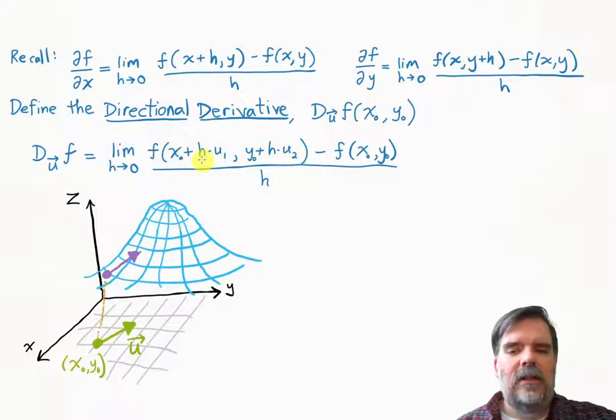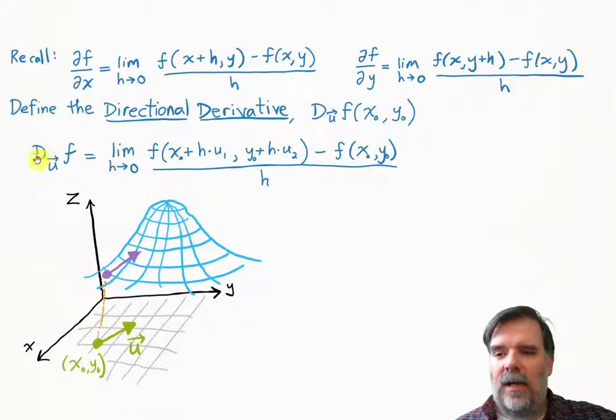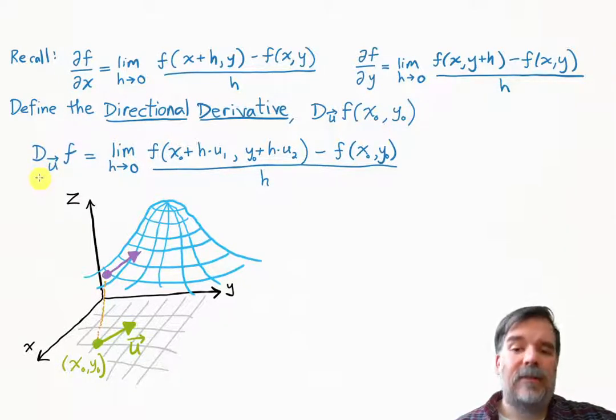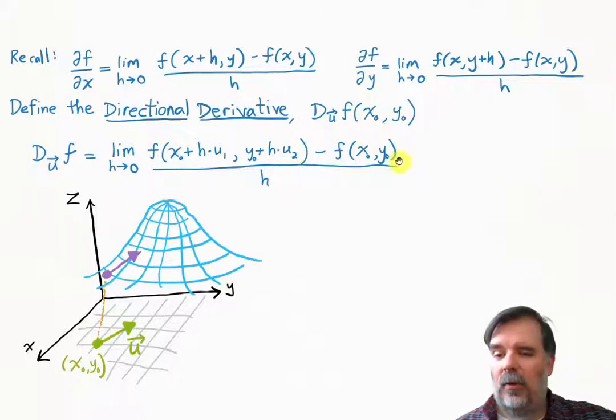So in this case, a little bit of change is being added to both x and y, with some factors being multiplied by h in both cases. Here I'm using the notation x naught, y naught, which just means they refer to particular values, so we're calculating the derivative at a specific point using this formula.